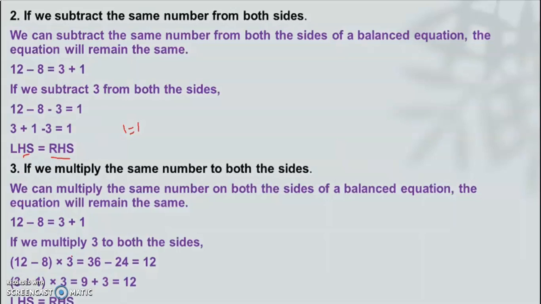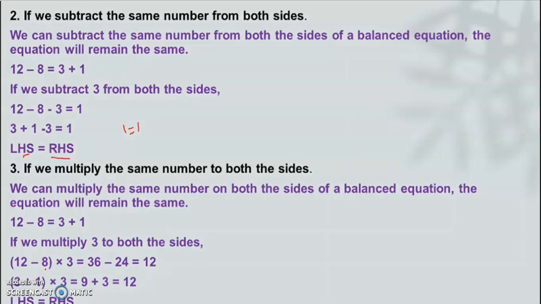And not only that, we can also multiply the same number to both the sides. Yes, in a balanced equation, we can do that, and the equation will remain the same. Like, same example, 12 minus 8 is equal to 3 plus 1. So (12 minus 8) into 3 is equal to 36 minus 24, which is equal to 12. And (3 plus 1) into 3 is equal to how much? 9 plus 3, which is equal to 12.